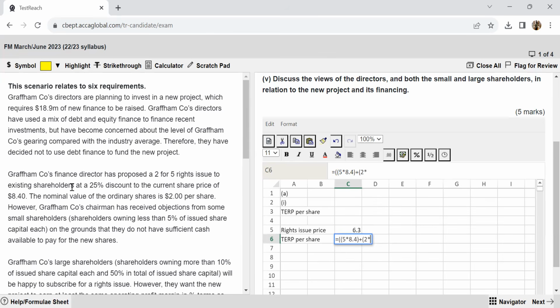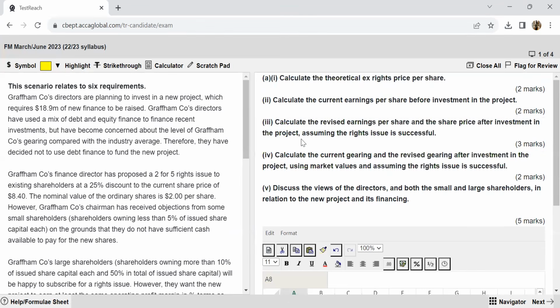So 2 multiplied by 6.3 is the rights issue price. Now this becomes my numerator, and this has to be divided by the total of these, which is 2 plus 5, and with this I obtain my TERP per share. So this is my answer. I can also highlight this. Right? Now let's move on to the second part.